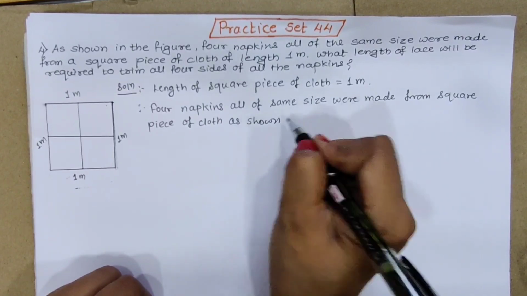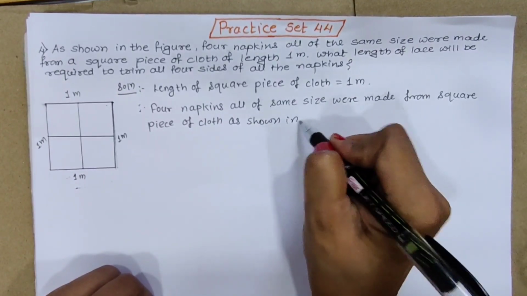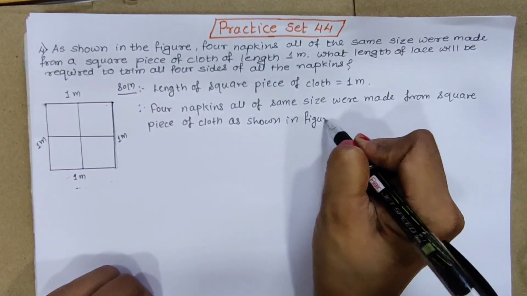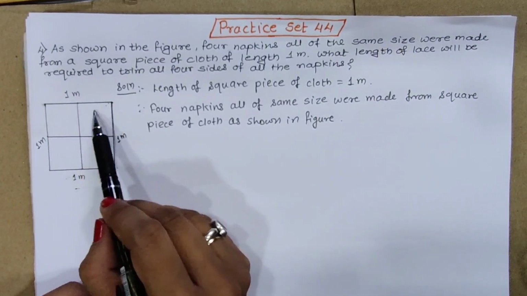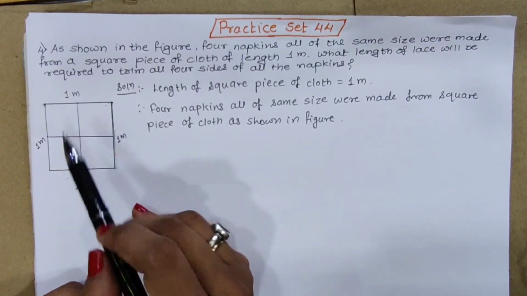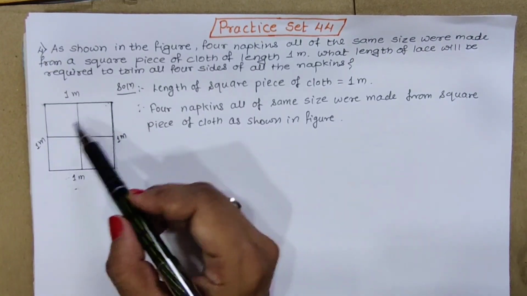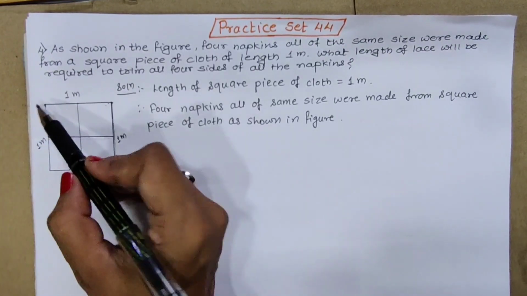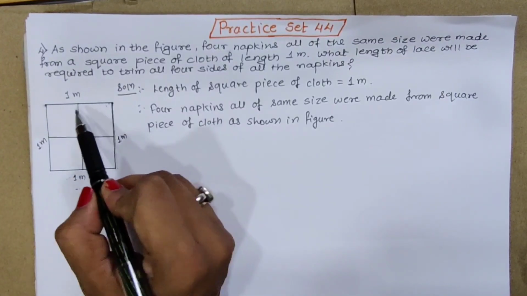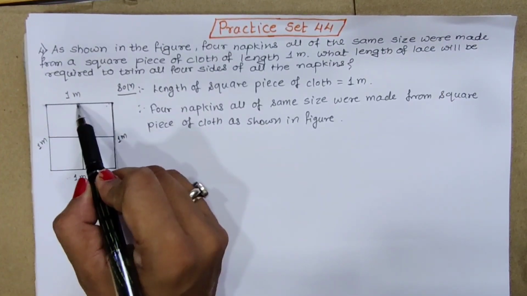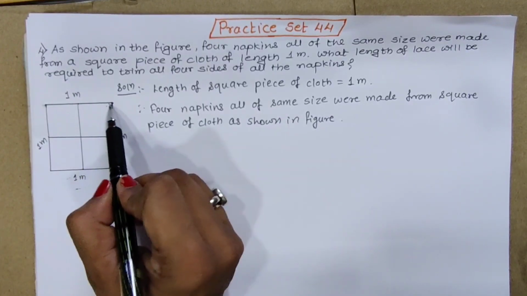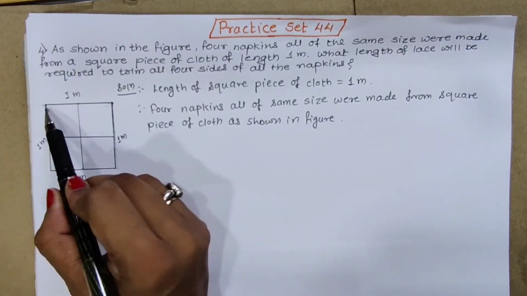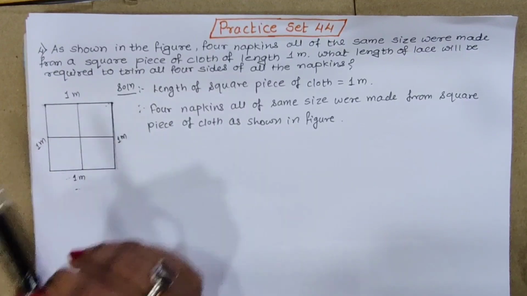So if you observe the figure carefully, we can see that this is the full 1 meter, and then the small napkins are cut from this full piece. If this full size is 1 meter, the length of one side of a small napkin will be half of the length of the side of this full square piece.